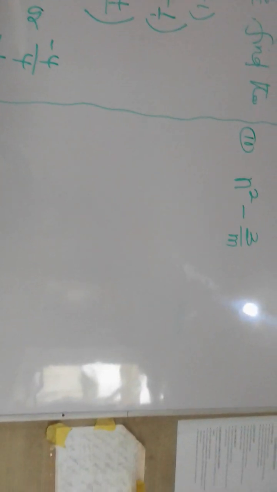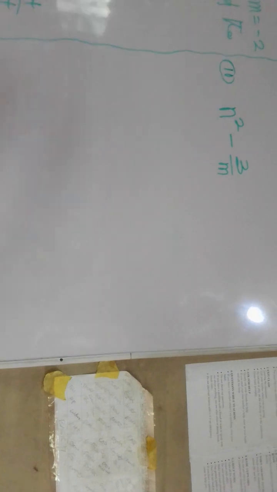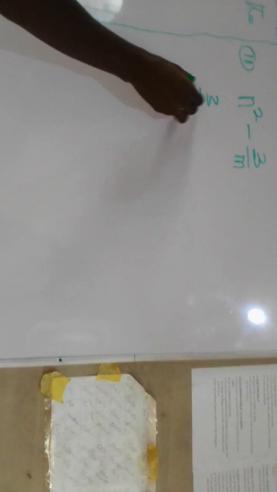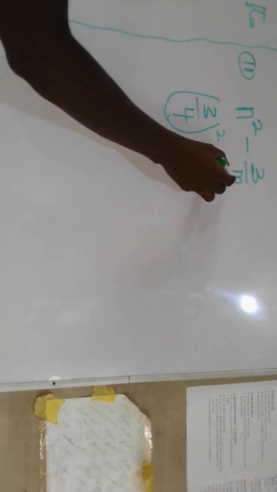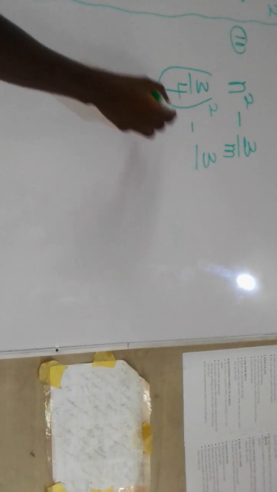So this is how I'm going to solve a question like this. Now let's go to the second part. We are going to put in the values. Now look at N. N is 3 over 4, all into brackets squared, minus 3 over M.